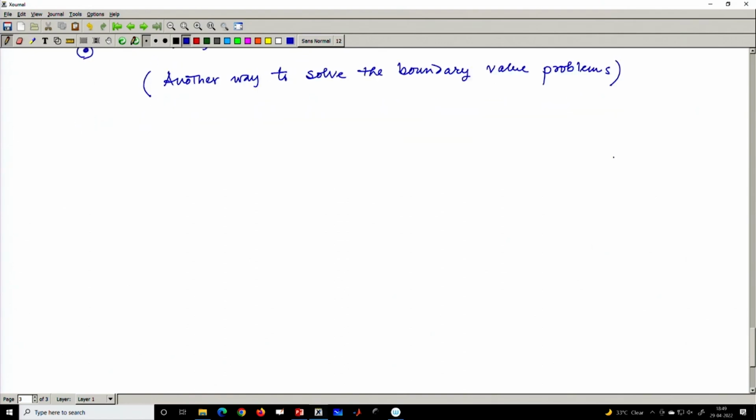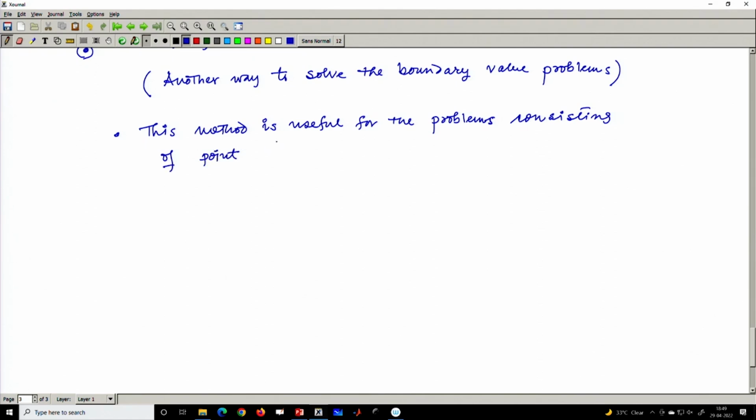Another way to solve the boundary value problem. This method is generally useful for problems consisting of a point charge near a conductor.